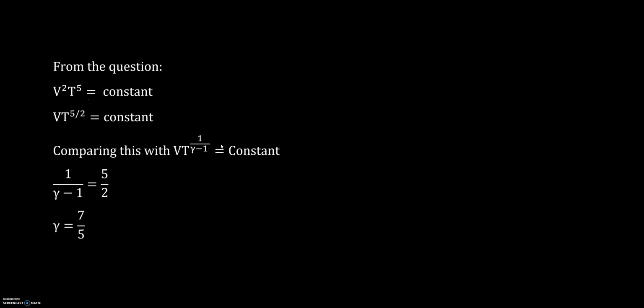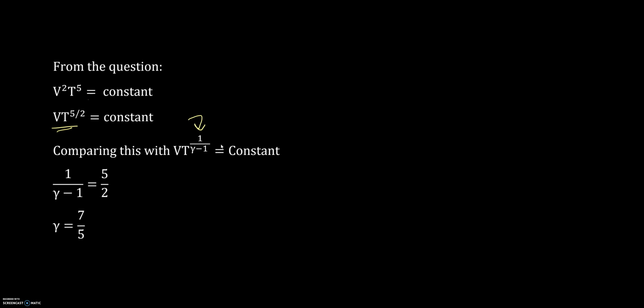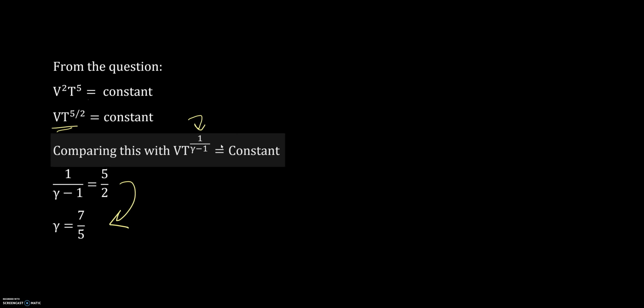Now, here V² T⁵ is constant. Taking the square root everywhere, you get this expression, V T^(5/2) is constant. From here, you compare it with this, and then you get 1 by gamma minus 1 equals 5 by 2. On interchanging stuff, you get gamma equals 7 by 5.